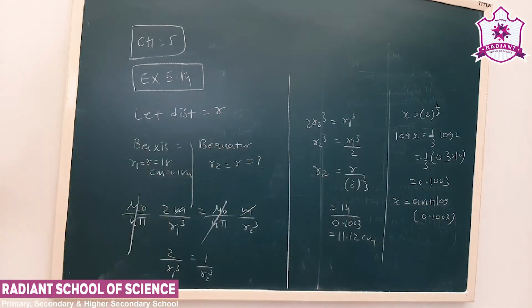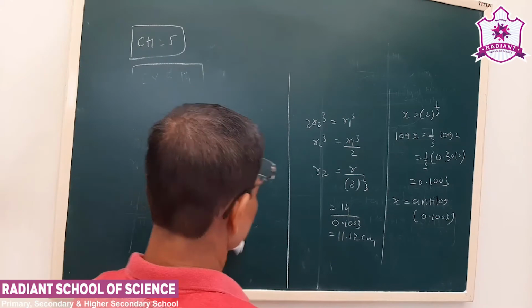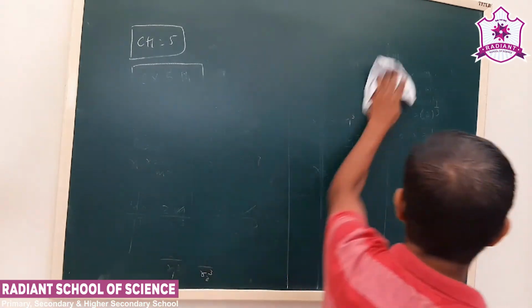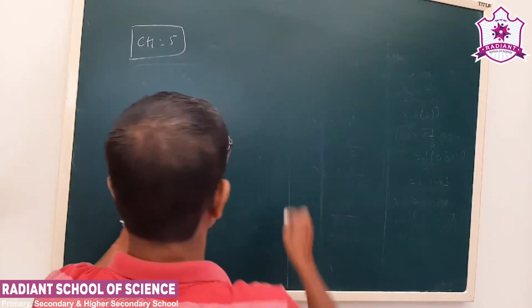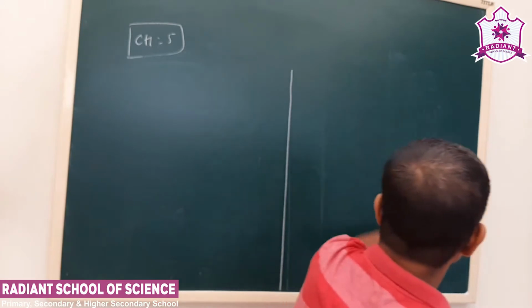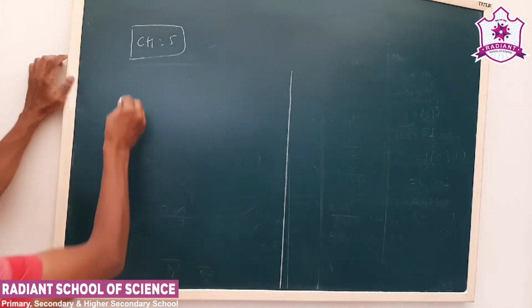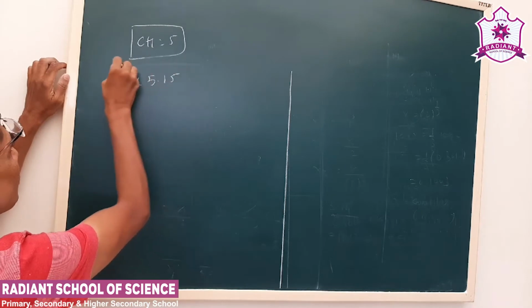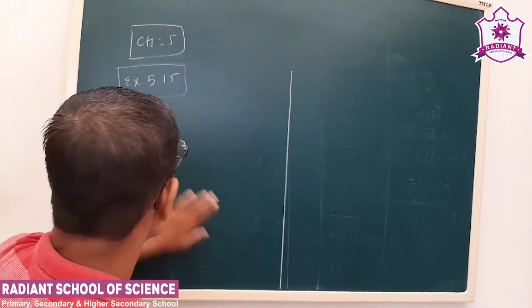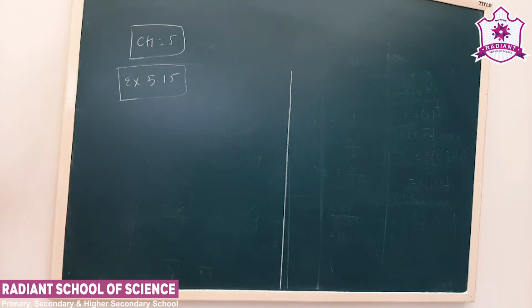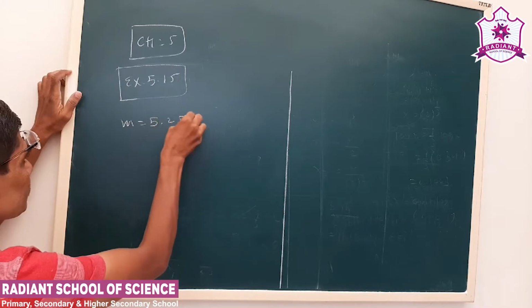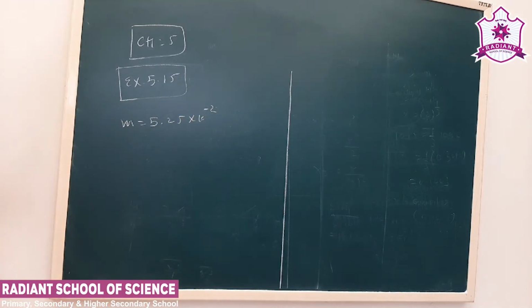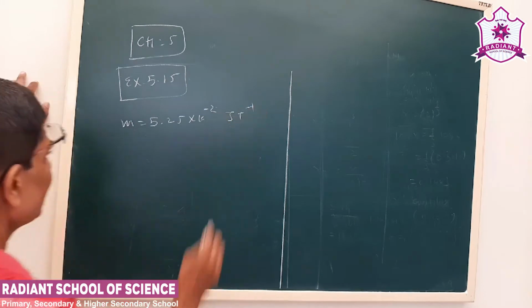Now see our next sum, that is exercise sum number 5.50. A short bar magnet has a magnetic moment of 5.25 into 10 to the minus 2 joule per Tesla, or joule Tesla inverse.